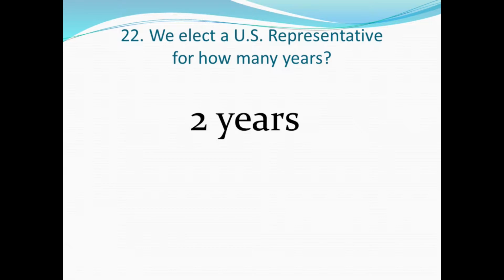Representative is a very long word, a big word, which is funny because they have the shortest term, 2 years. Senator is a short word, and it has the longest term, 6 years. So that's just a little thing to try to keep in your head as you study. Representative, big word, short term, 2 years. Senator, short word, long term, 6 years.